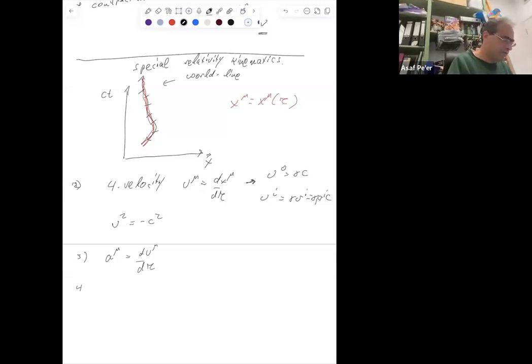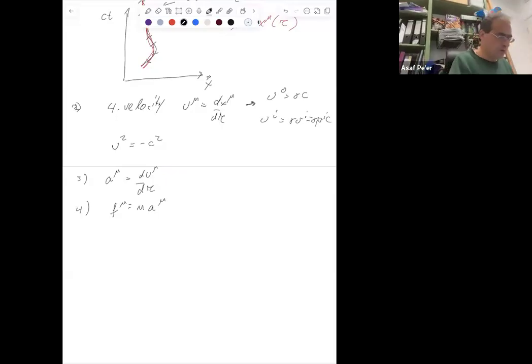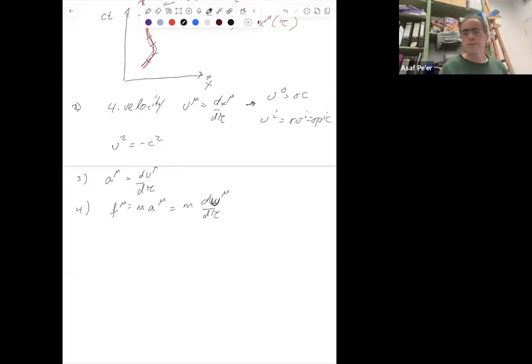And the fourth one would be the four-force, F mu, which is m a mu, or m d u mu over d tau. And that really replaces Newton's second law. And I said that if you do the math, you realize that the acceleration is always perpendicular to the velocity. So a mu u mu is 0.